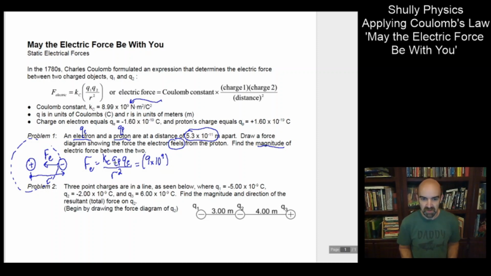And now, charge of a proton. Oh, the problem doesn't say anything about a proton. Sometimes you got to look it up. And remember, we've got a reference up here. Whenever we're dealing with protons, we're going to use a positive 1.6 times 10 to the negative 19 coulombs. So it actually takes a lot of unpaired protons or a lot of unpaired electrons to make 1 coulomb of charge.